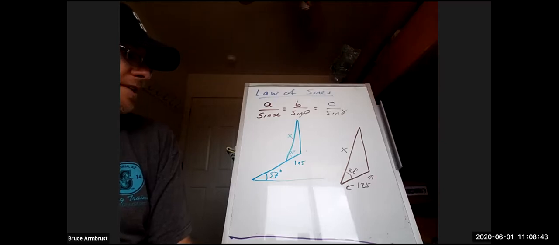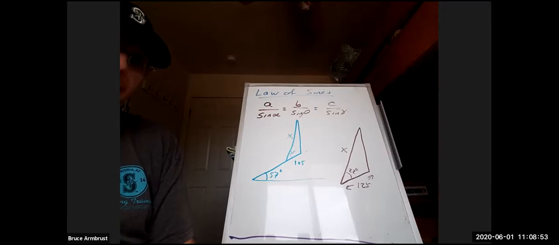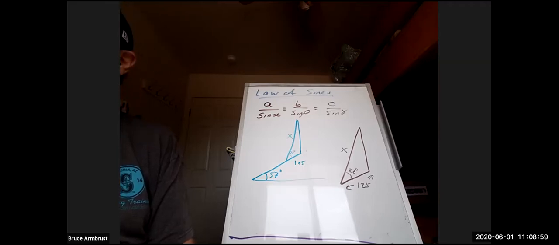So the question is, can we maybe figure out some other angle? And the answer to that is yes. We actually can figure out one of the other angles. We just have to be a little bit sneaky and use some geometry. So does anybody see the angle we could actually calculate?